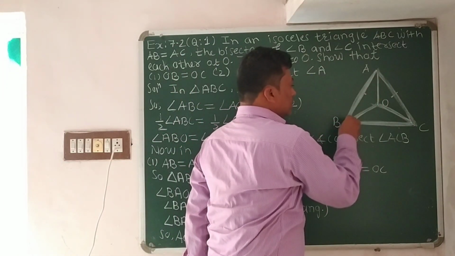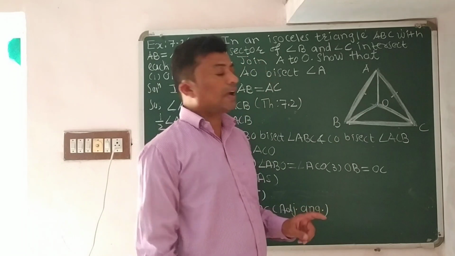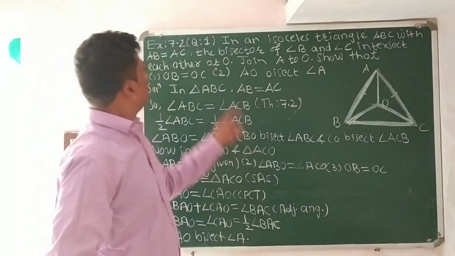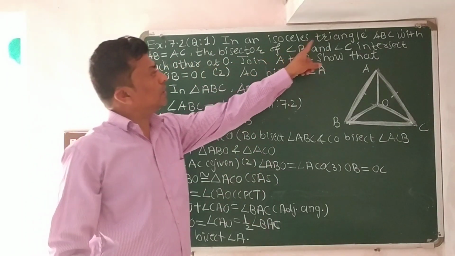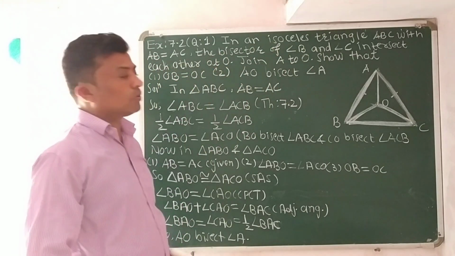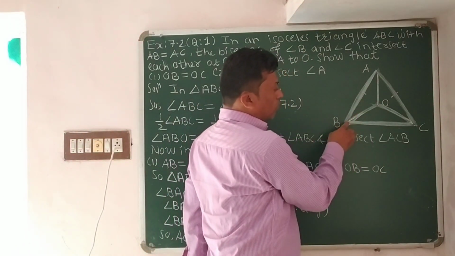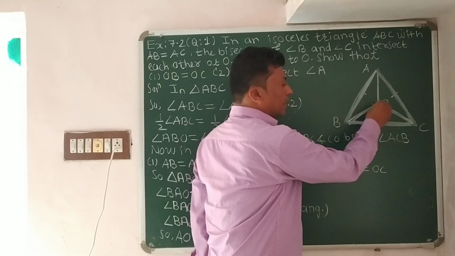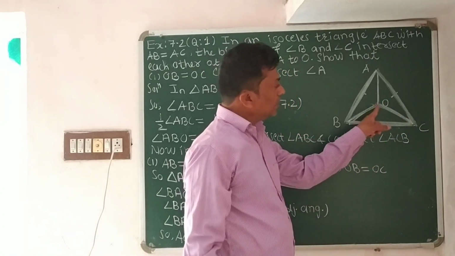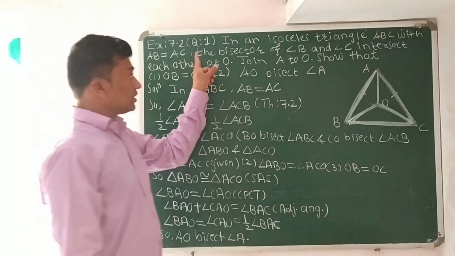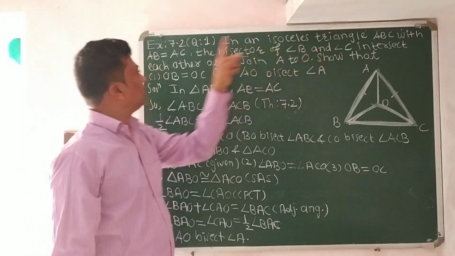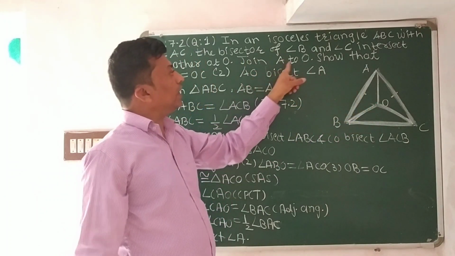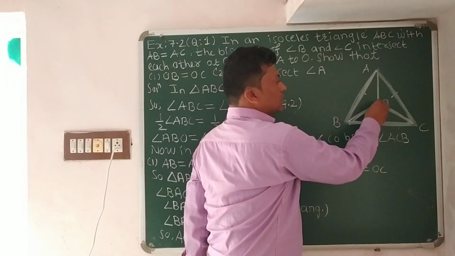This is the triangle ABC, and in triangle ABC, the length of AB and the length of AC are the same, and the bisectors of angle B and angle C intersect each other at O. This is the bisector of angle B and this is the bisector of angle C. They intersect at point O. Join A to O. So this is point A and this is point O.